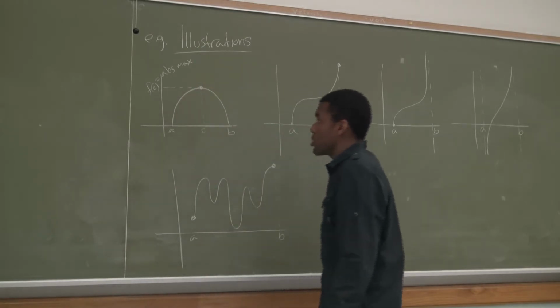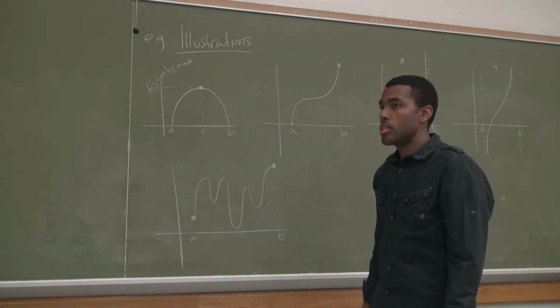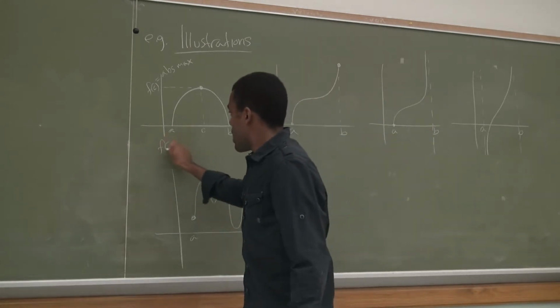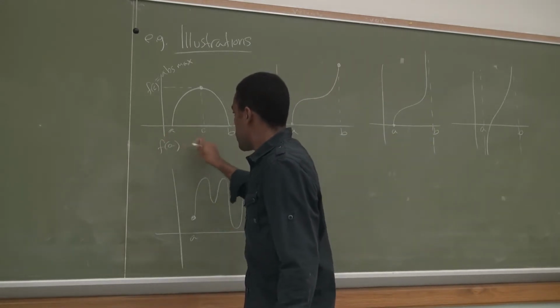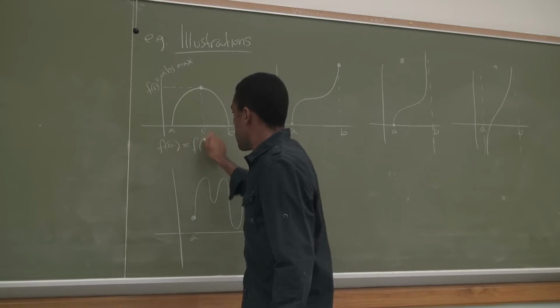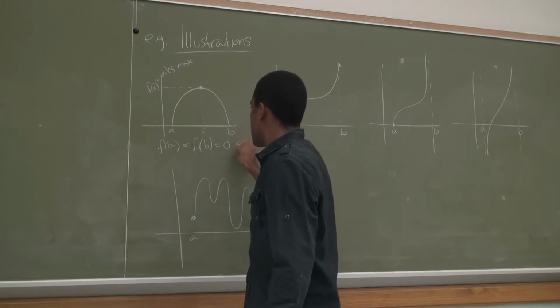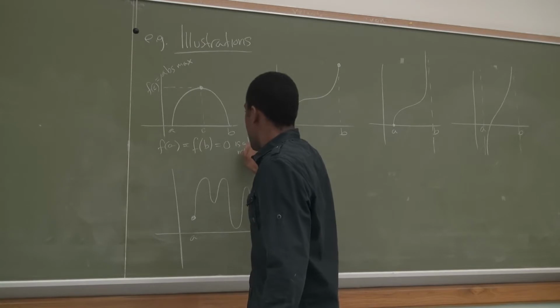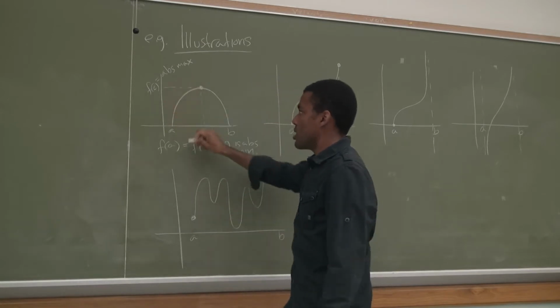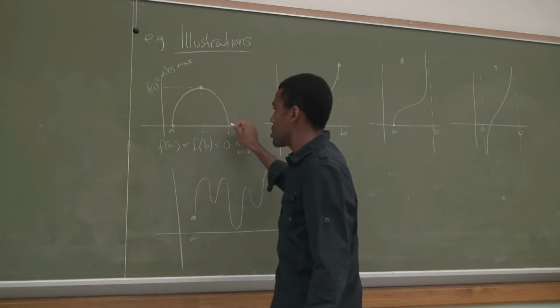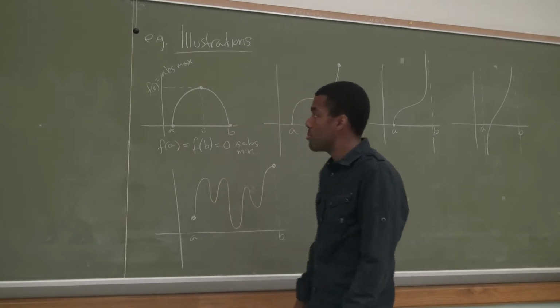What is the absolute min here in this function? F of a and f of b, which happen to be the same here, is absolute min. They are the smallest value on this whole graph. These 2 points have the smallest y value on the whole domain.